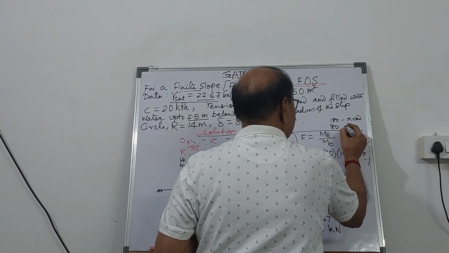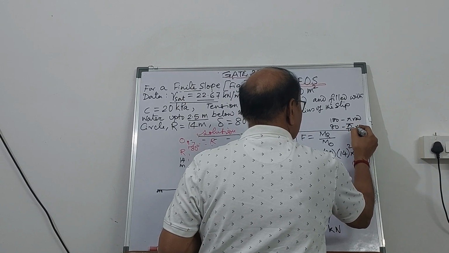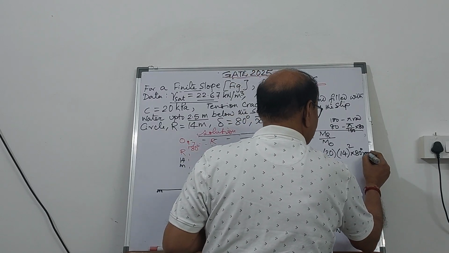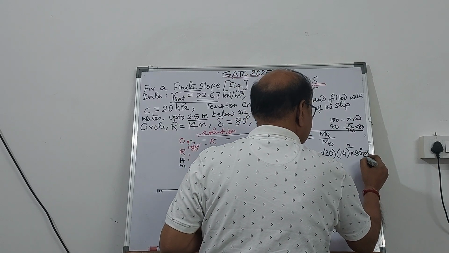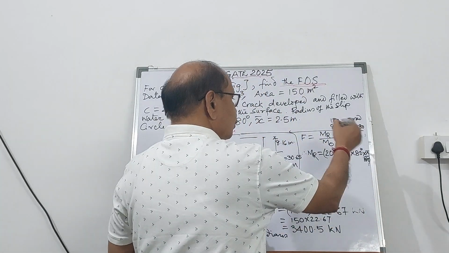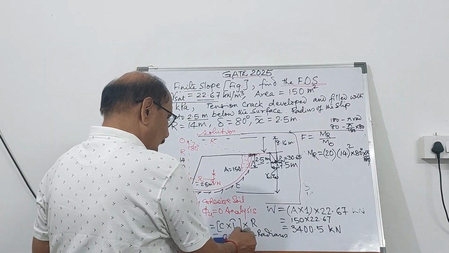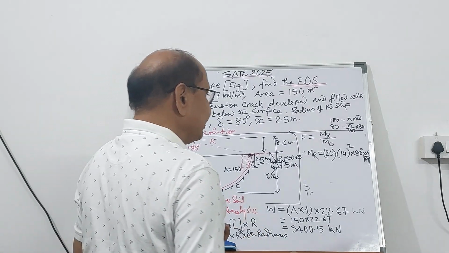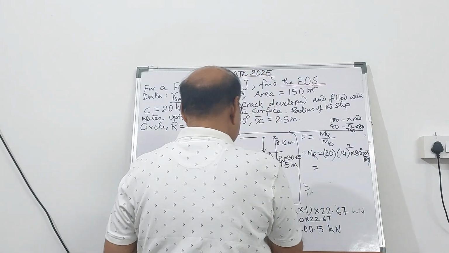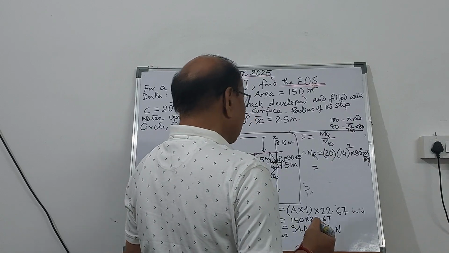Therefore, 80 degree will be pi by 180 into 80 radians. So it should be multiplied by pi divided by 180 to convert it into radians. So C R square delta in radians we have written over here. This is going to be the resisting moment.